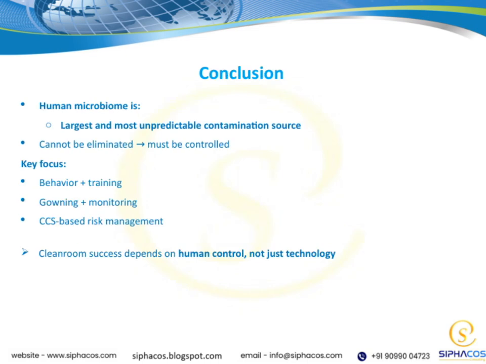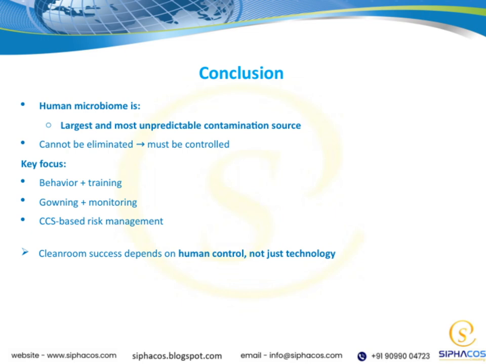Let's wrap up with some key takeaways. The human microbiome is actually the largest and most unpredictable source of contamination in cleanrooms. Because we can't completely eliminate it, our focus must be on controlling it effectively. That's where behavior and training come into play, making sure everyone understands their role and follows proper procedures. Gowning and monitoring are also critical, helping to minimize the microbes we bring into the environment.